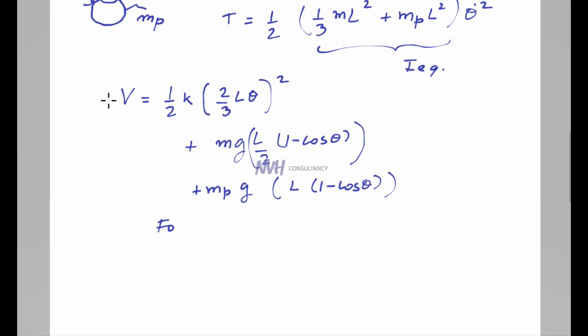For small theta, you can write cosine theta as equal to 1 minus 1 over 2 theta square.